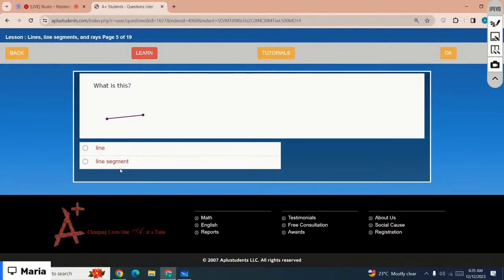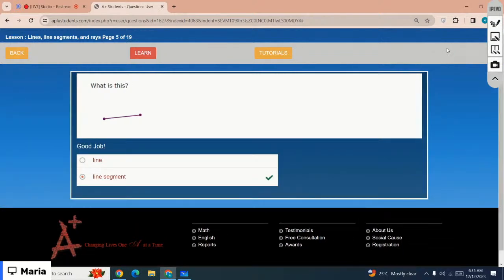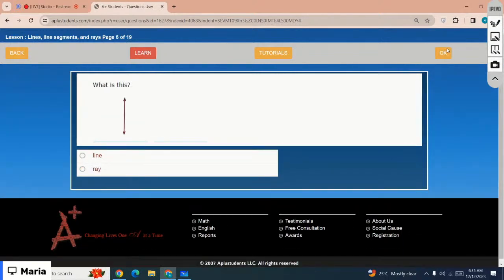Line segment it is, right? Okay, what is this? Line, ray? Which is the correct option? Line it is, right? The correct option is line.